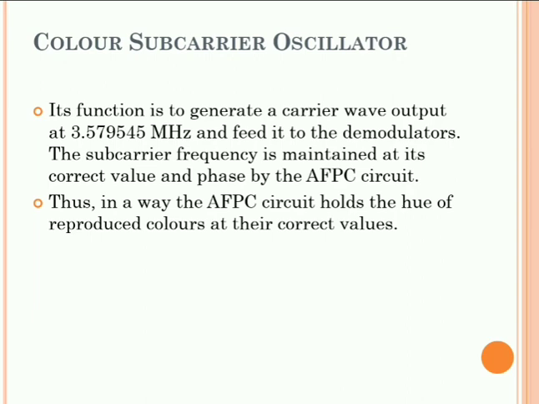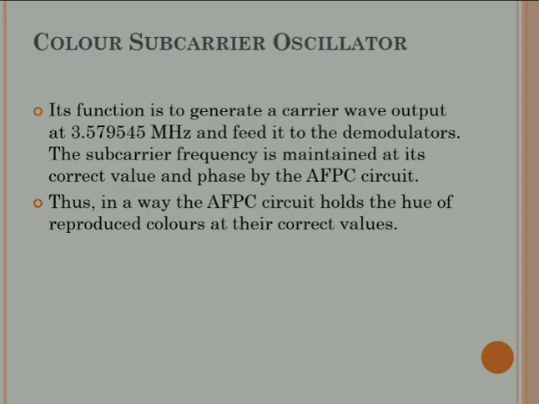That AFC circuit will maintain its correct value, whatever the precise value of that particular frequency. Thus, in a way, the AFPC circuit holds the hue of the reproduced color at its correct value.